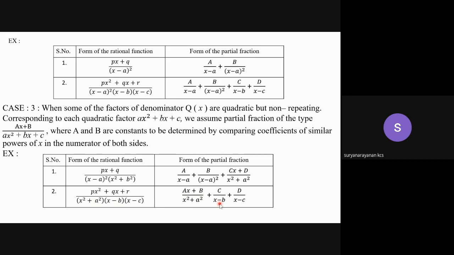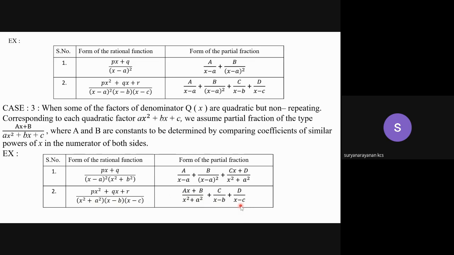Now come to the last linear factor. What is the last linear factor in the denominator? X minus c, sir. Which type of linear factor? It is also a non-repeated linear factor. So corresponding to this non-repeated linear factor, I wrote a partial fraction. What is that partial fraction?